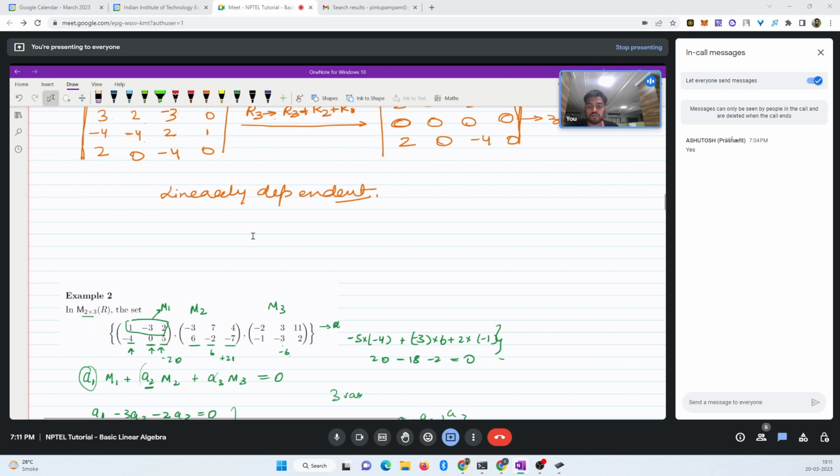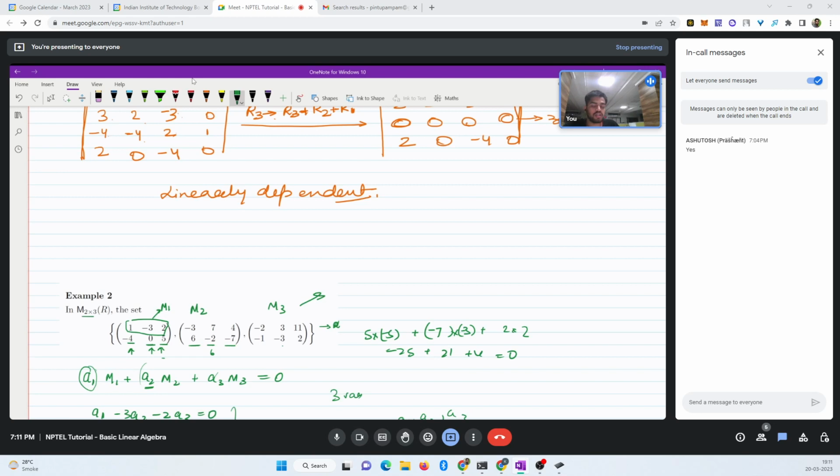And from here, let me write it down. So from here we get 5 into minus 5, which is minus 25, plus minus 7 into minus 3, which is plus 21, plus 2 into 2, which is 4. This is minus 25 plus 21 plus 4, which gives us 0.